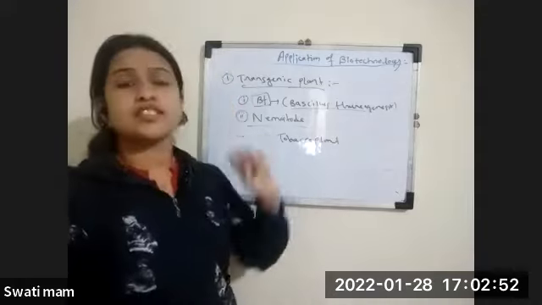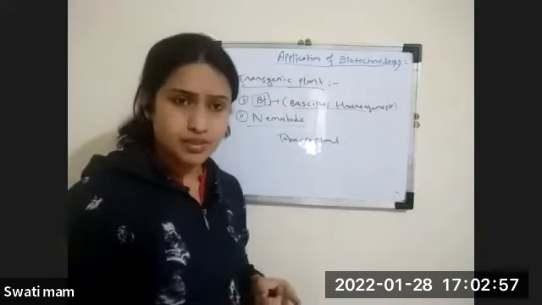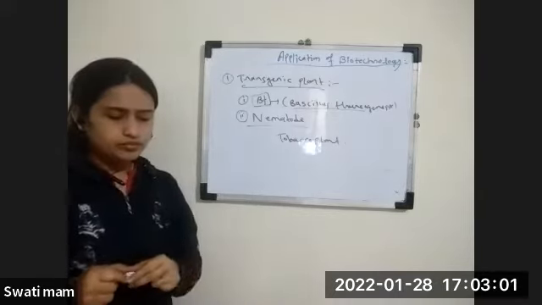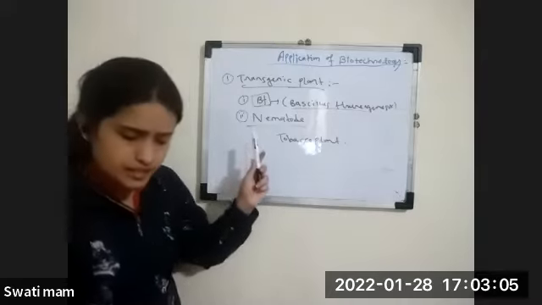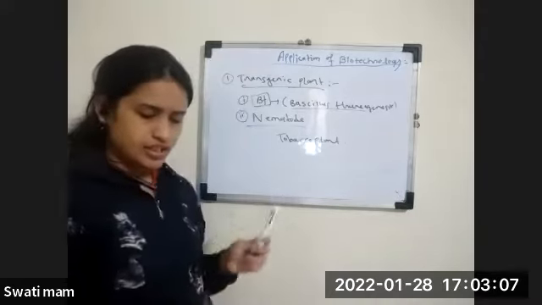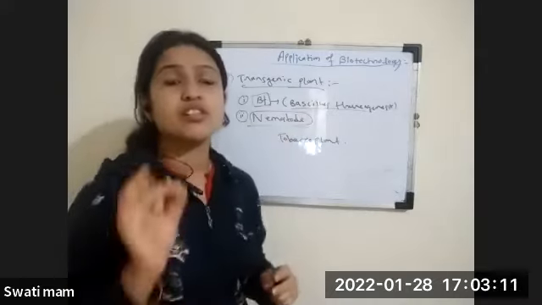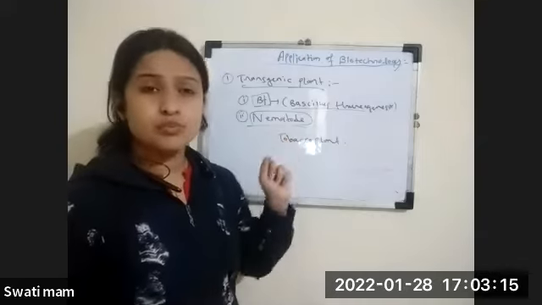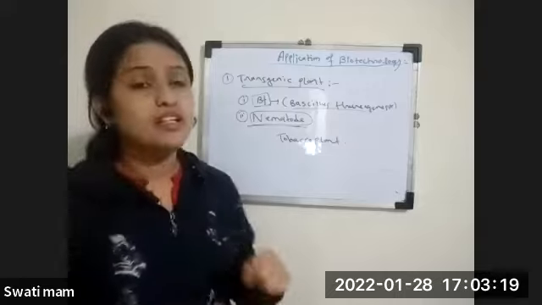The same process is carried out as in BT cotton, the same metabolism takes place, but the only difference is that this nematode has genes that carry proteins. Means this nematode has the presence of certain genes which synthesize certain proteins, and those proteins are important for the growth of the nematode.